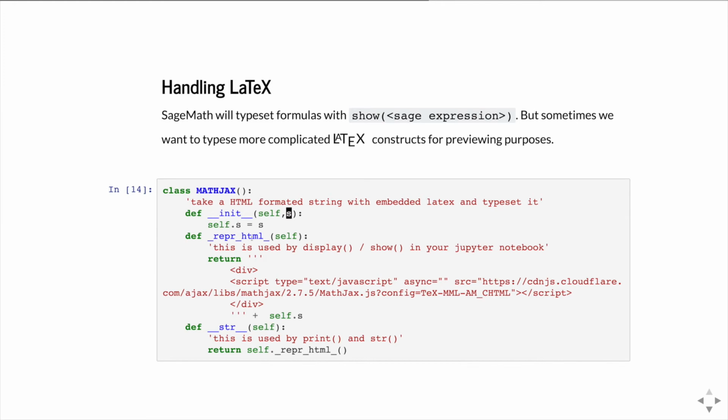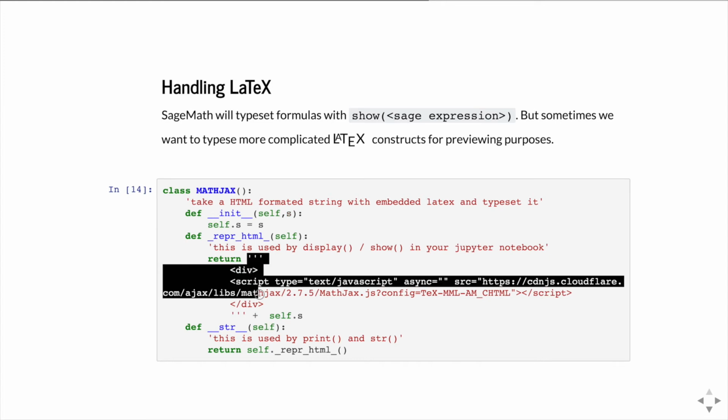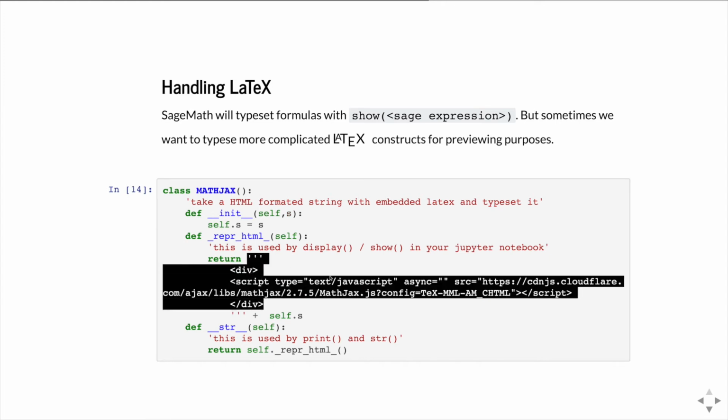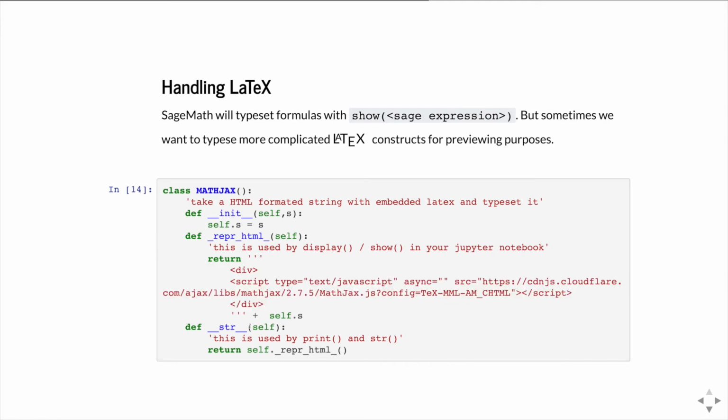It just stores the string, and if the context asks for an HTML representation, then it returns a string that first contains this JavaScript loading command here, and then the string. And if the context just asks for a plain string, it produces the same expression, just the string itself.